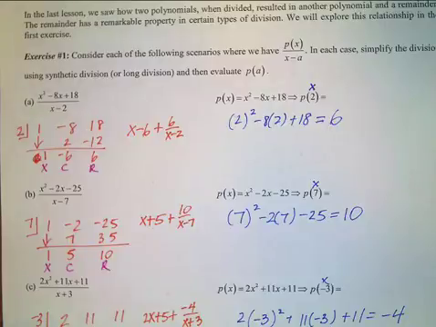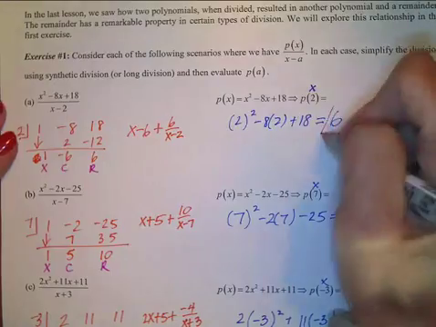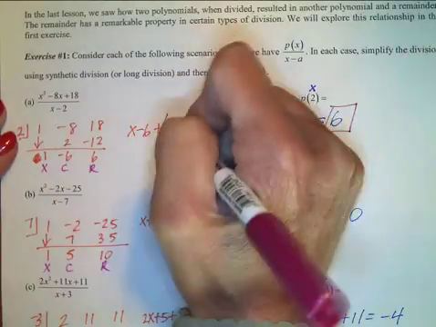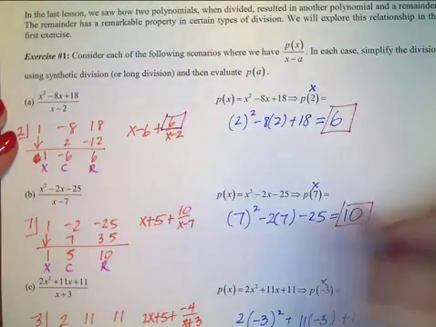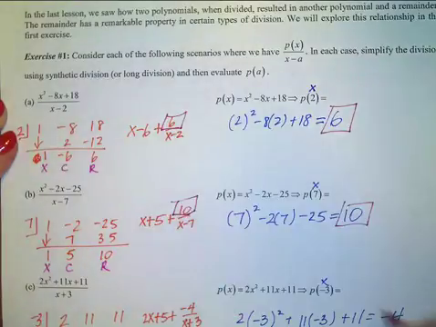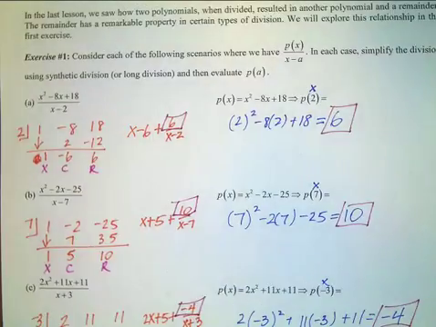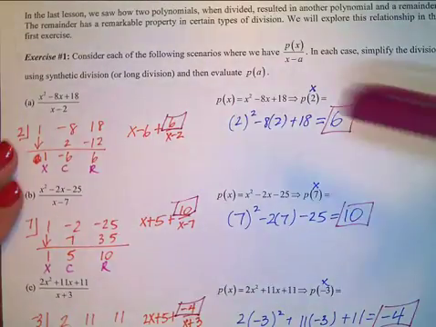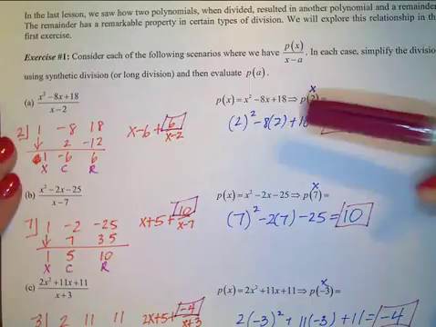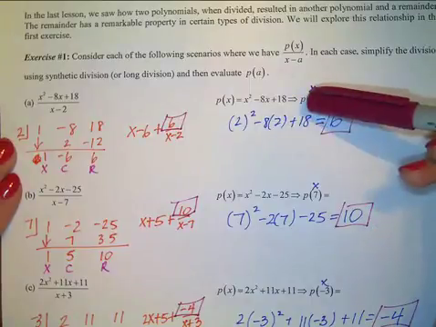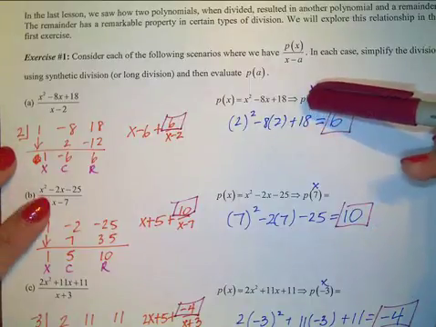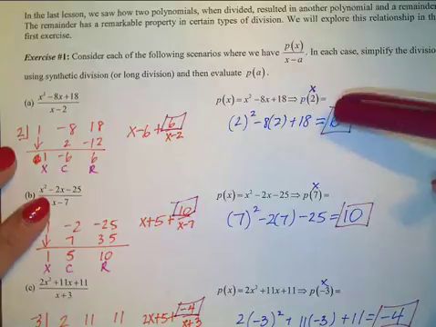What you should start to notice is that my answer is my remainder. So P of whatever your root is, okay, should equal your remainder.